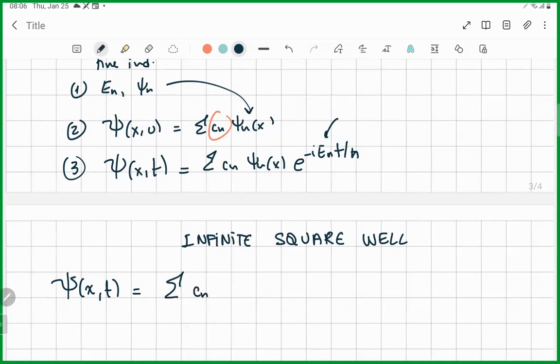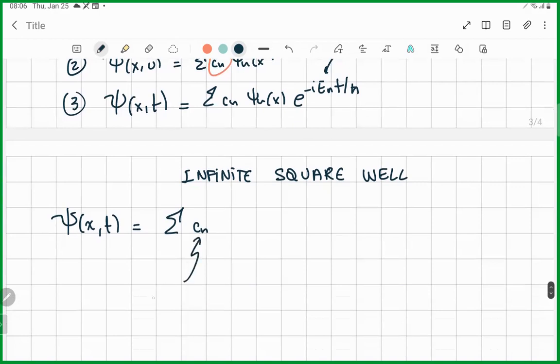Let me repeat this discussion. This we are going to obtain through the initial state, through that integral that will give us those Cn's. Then come our solutions, those functions we have, sine of n pi x over a.